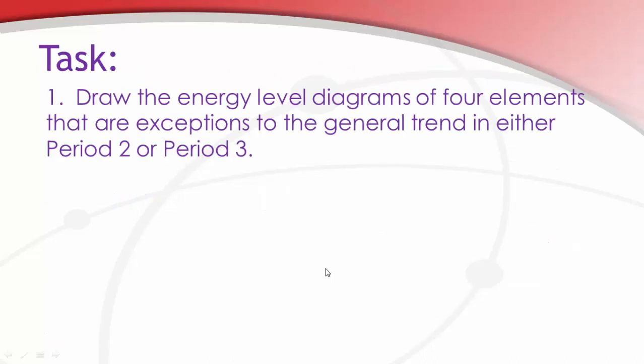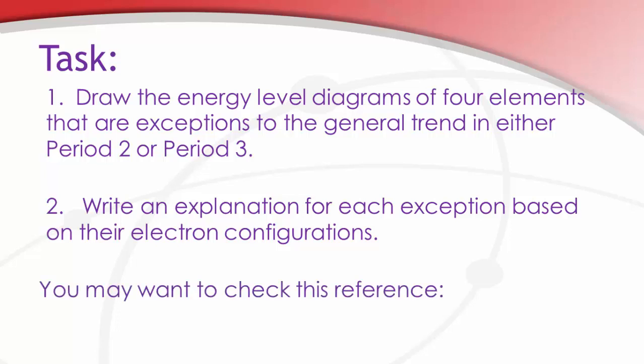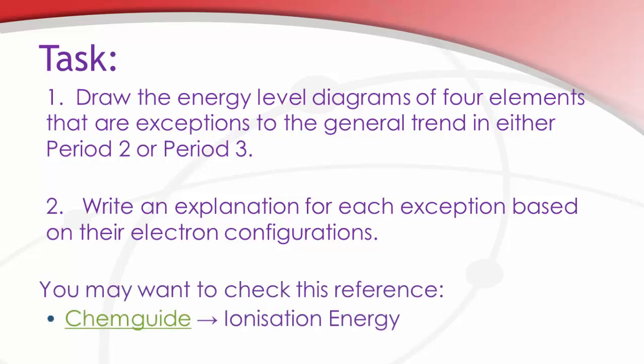Draw the energy level diagrams of 4 of those exceptions and see if you can come up with an explanation for that. Go ahead and pause the movie, please, and see if you can come up with that yourself. And if you want a little help, you can look at Chem Guide for some additional hints for that.